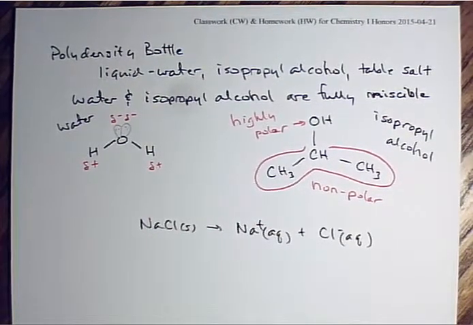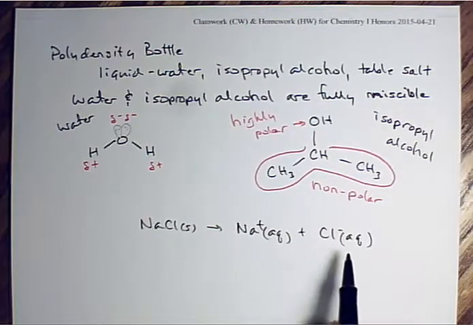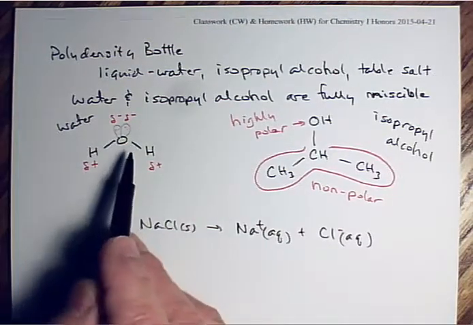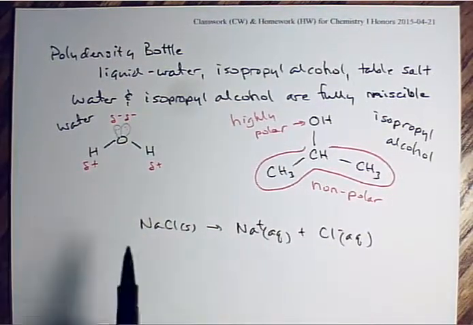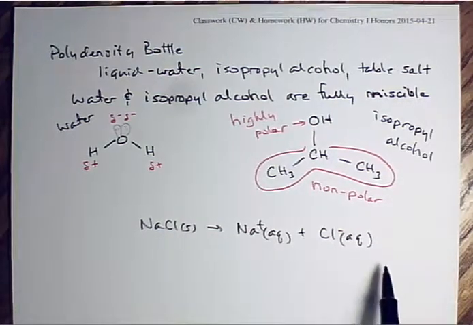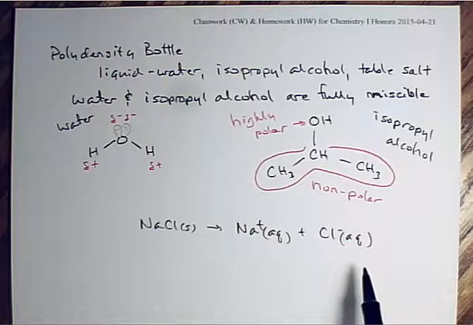Why water? Because water is the only polar, is the only like double-sided polar molecule. Well, it is the most polar overall. Water is more polar overall than the isopropyl alcohol. So the fully charged particles are going to be attracted more strongly to this particle because it's more strongly polar, more closely linked to this fully charged particle and this fully charged particle.